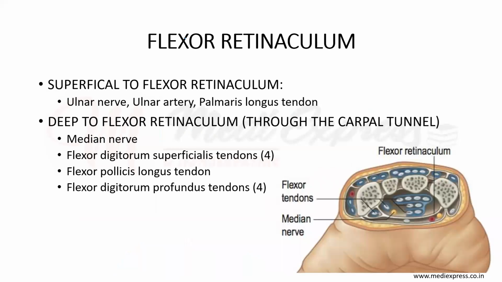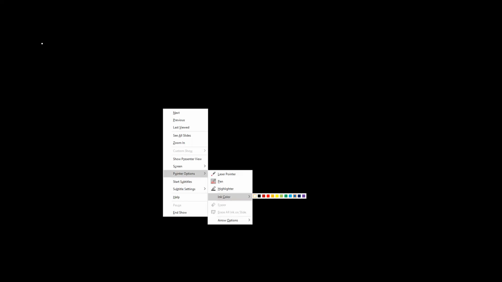Next one is something regarding the flexor retinaculum. Talking about the flexor retinaculum, you need to remember that it is a thick connective tissue. I'll write over here: flexor retinaculum is basically a thick connective tissue.